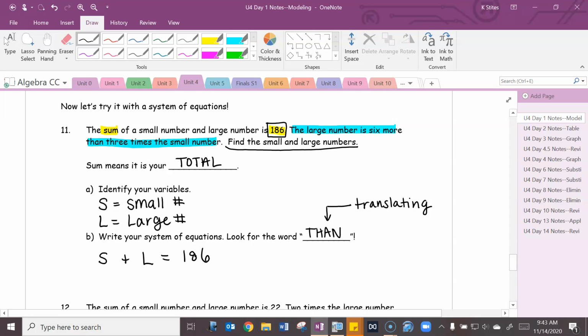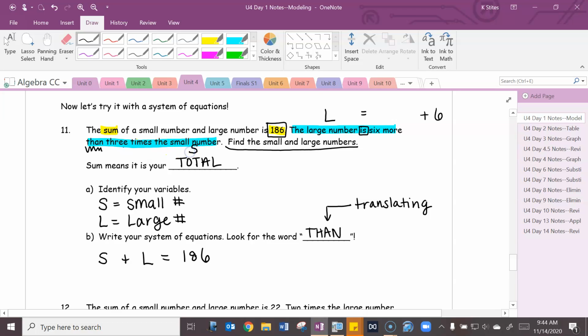The second equation involves our translating. So when I read this, the large number is 6 more than 3 times the small number, this tells me I need to go back to the start of the sentence and begin translating. The large number, that's L, is, that's equals, 6 more means we're going to add 6, than 3 times the small number.